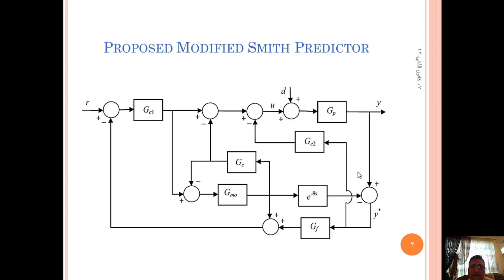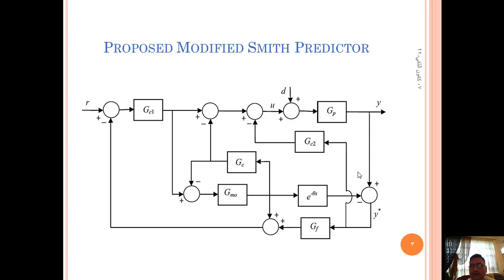Suitable values of the tuning parameters are recommended for a class of second order unstable process models after studying their effect on system performance and robustness. This is the main advantage of the proposed work over other recently published manuscripts.